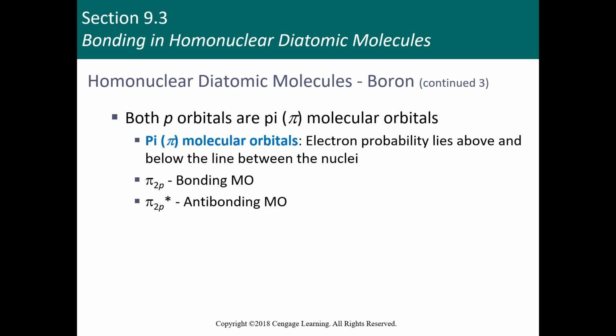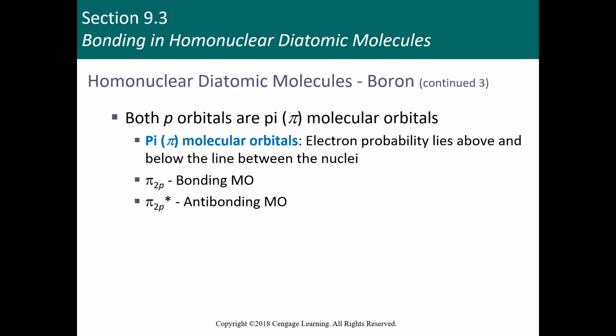Just know that the p orbitals have pi molecular orbitals, and in these pi molecular orbitals, the electron probability is going to be above and below the line between the nuclei, just like we talked about before. Again, like we talked about before, these pi orbitals are going to be made from p orbitals. So in this case, they'll be pi 2p orbitals.